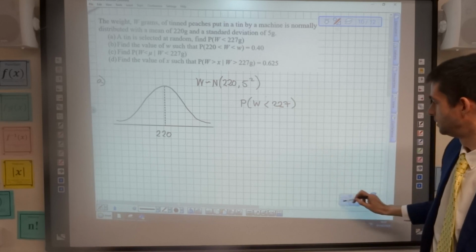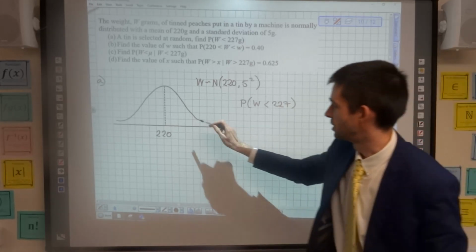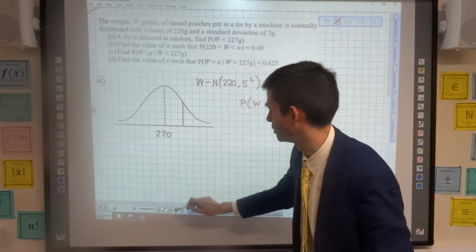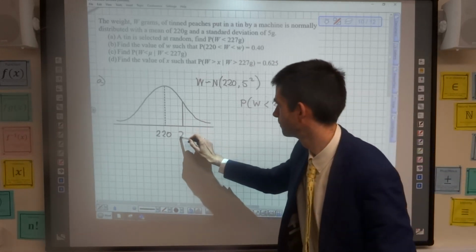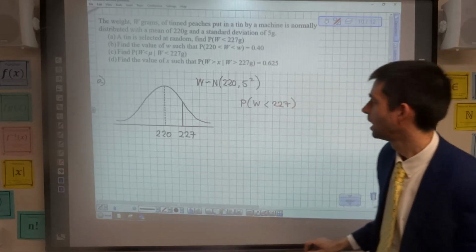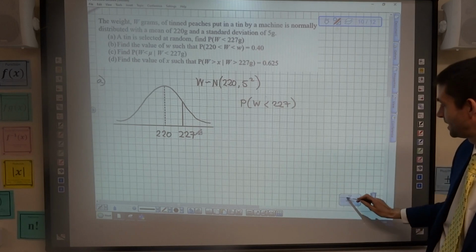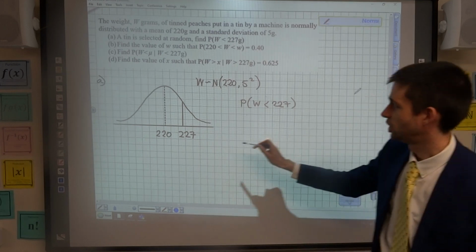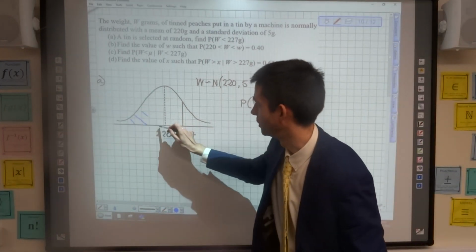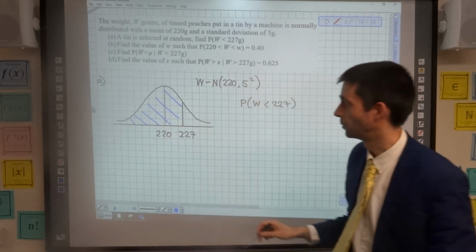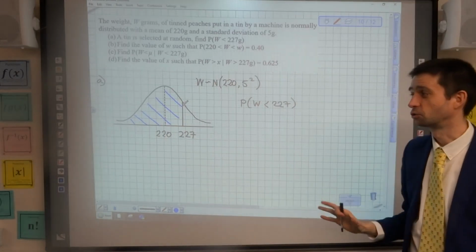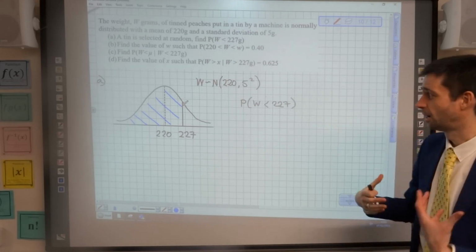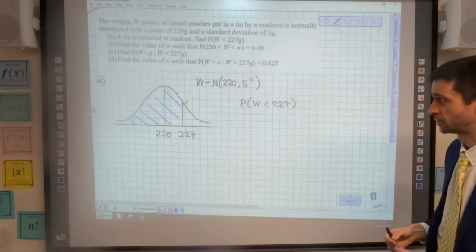So what I'm going to do is just pop a line on my diagram at 227, and it's the probability that W is less than that. So if I shade in the area to the left of that 227 line, straight away I can see that I'm expecting an answer greater than 0.5. So something to check first off.